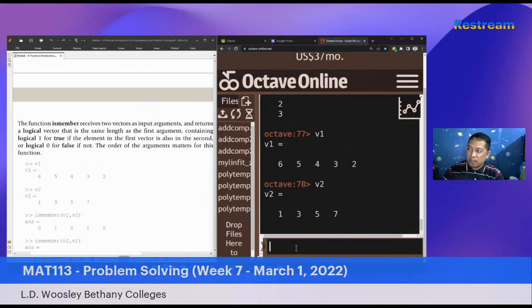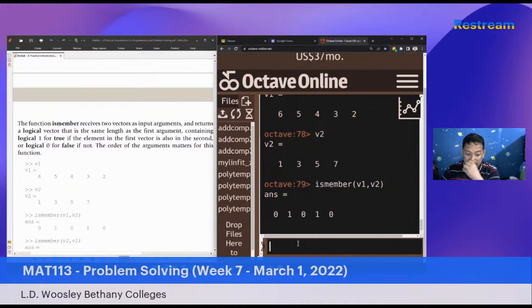Now, ismember of B1 with reference to B2. The first member is not in the second, the second member 6 is no, 5 is yes, and then 4 is no, 3 is yes. Ganun yung ismember.